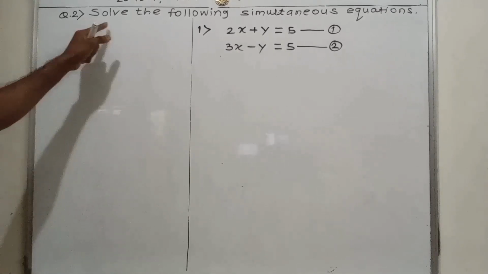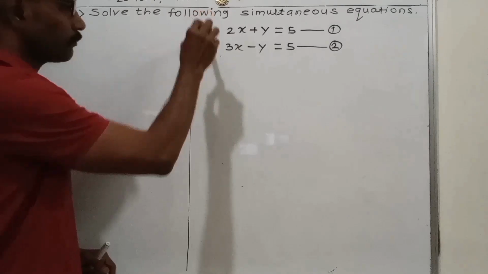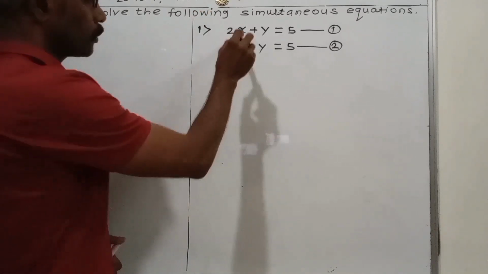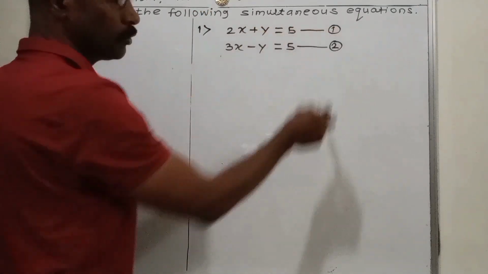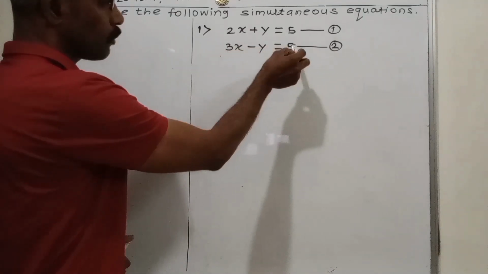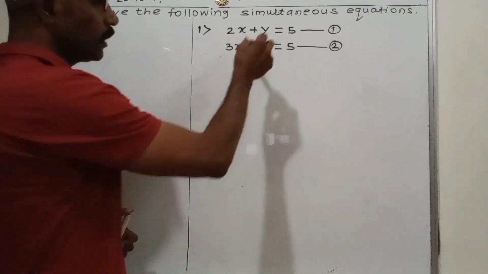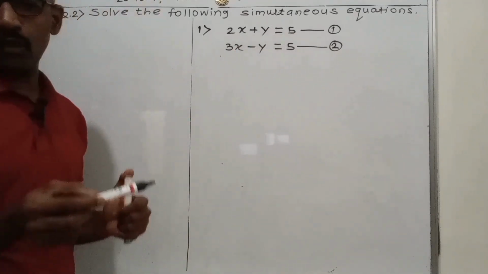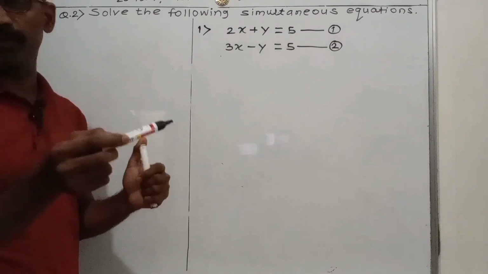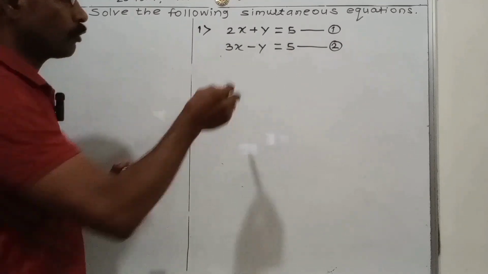Question number 2. Solve the following simultaneous equations. First example, 2x plus y is equal to 5, equation number 1, and 3x minus y is equal to 5, equation number 2. Now here, first observe the coefficients of variables.